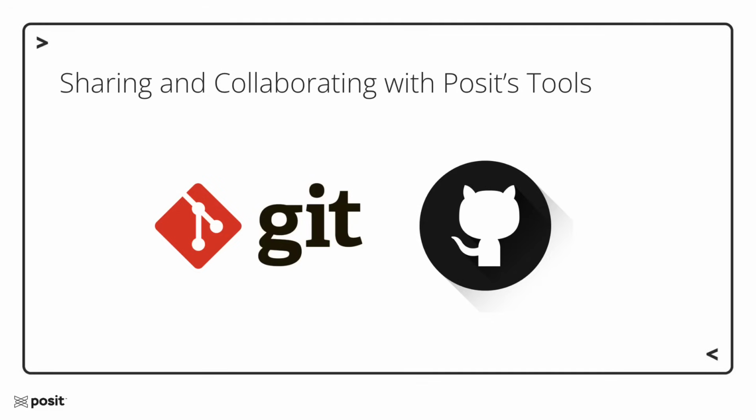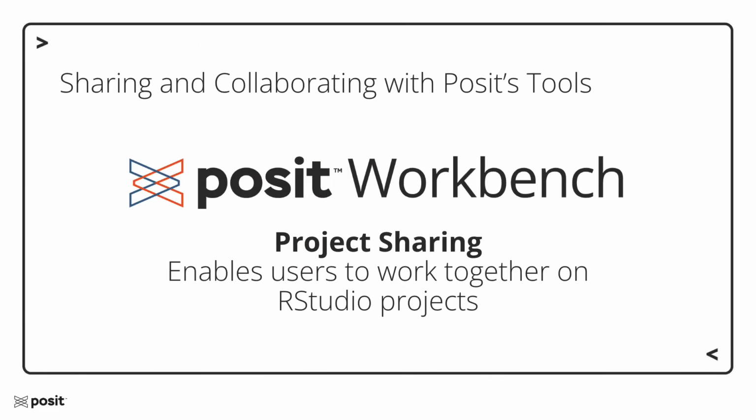Version control and repository hosting services like GitHub, or maybe your team uses Bitbucket, are some of the most important tools for data science collaboration. We also have some cool features built into Posit Team that can assist with data science collaboration, including project sharing and Git-backed deployment.